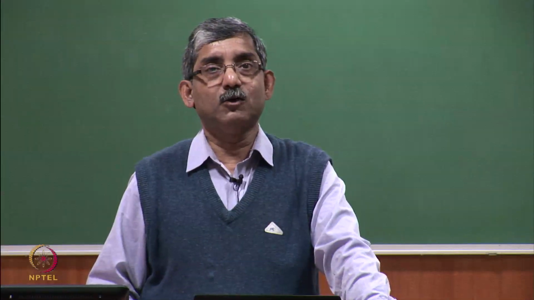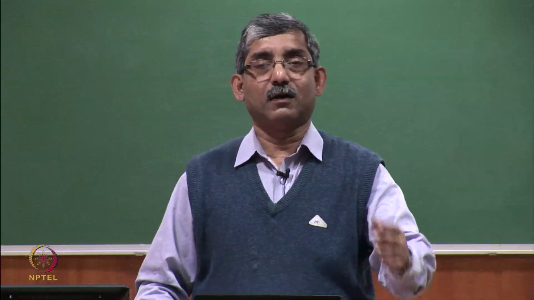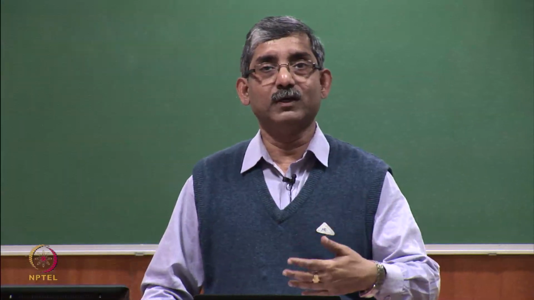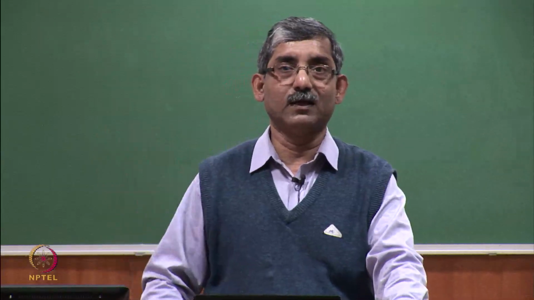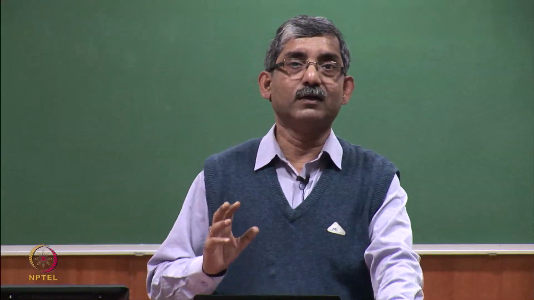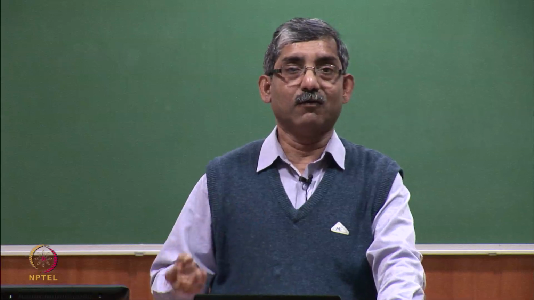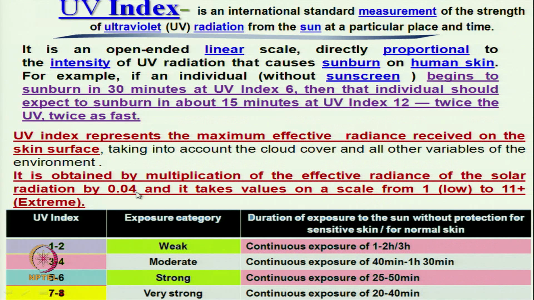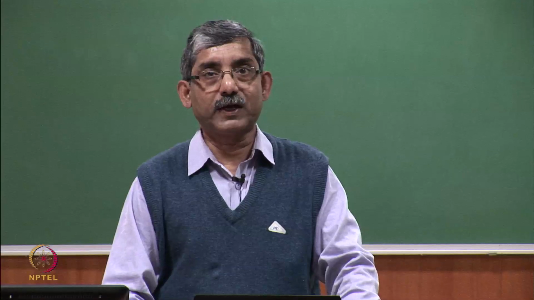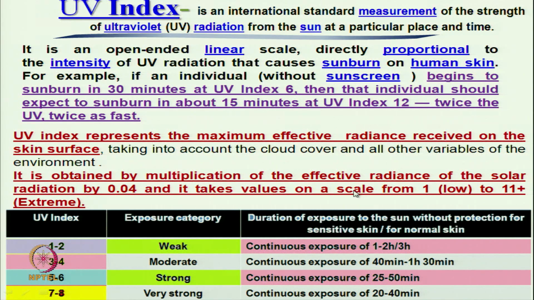This radiance is a combination of UVA, UVB, UVC, everything, giving the weightage of different rays, which I will explain just now. Then we calculate the UV index, and it is obtained by multiplying the effective radiance of the solar radiation by 0.04.